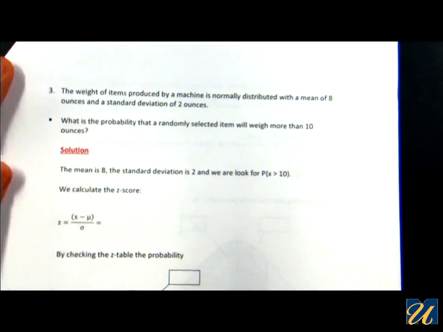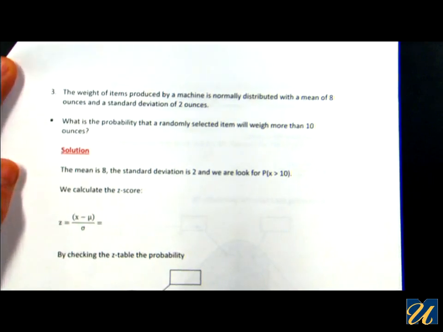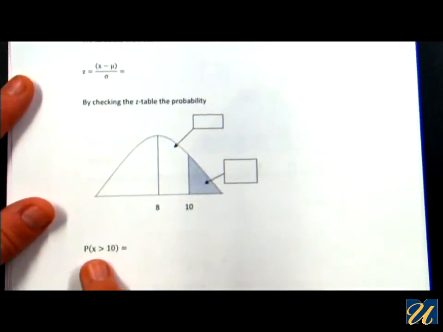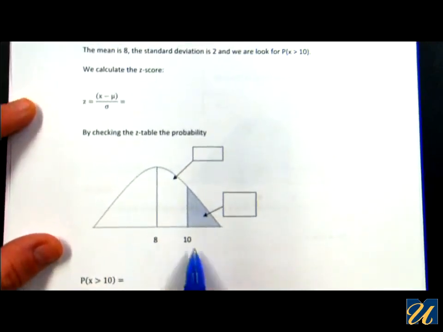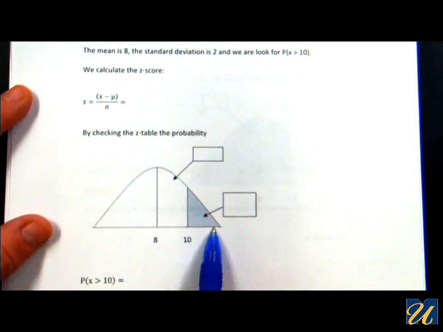The weights of items produced by a machine is normally distributed with a mean of 8 ounces and a standard deviation of 2 ounces. What is the probability that a randomly selected item will weigh more than 10? So you're looking for x to be greater than 10. Mu is 8. 10 is to the right. I'm looking for a right tail.